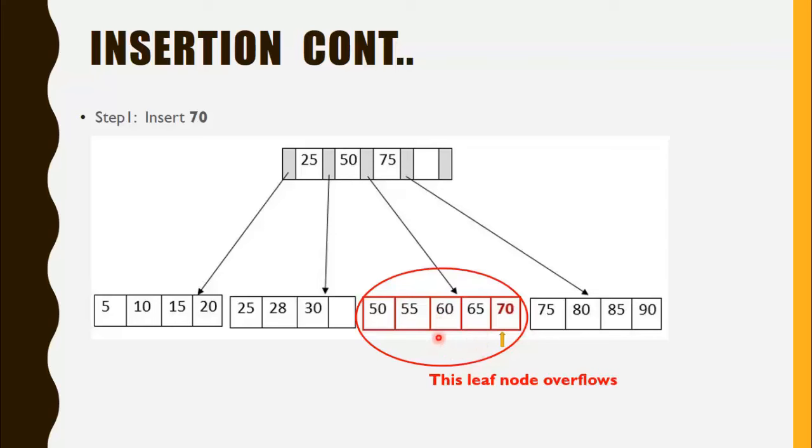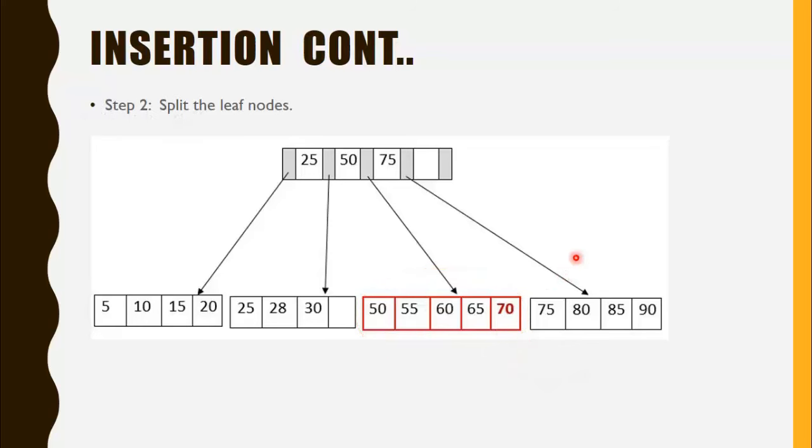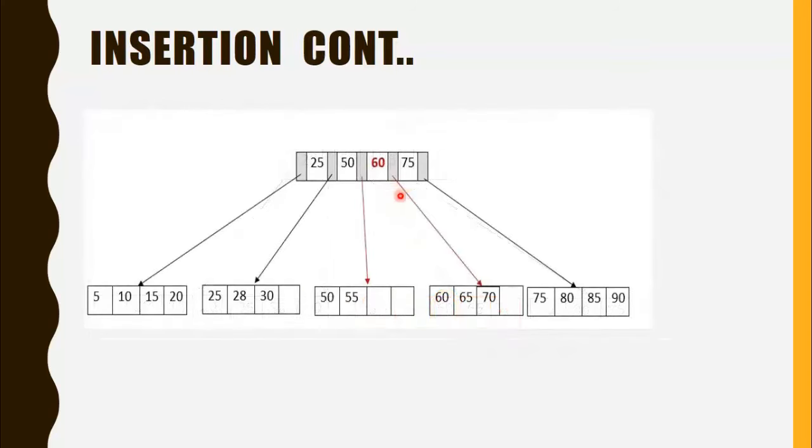So now we have to split this node into two parts: the first part will contain 50 and 55, and the other part will contain 60, 65, 70. As 60 is the middle element, it will be inserted into the index node after 50, so it will become like this. This is now our B plus tree.